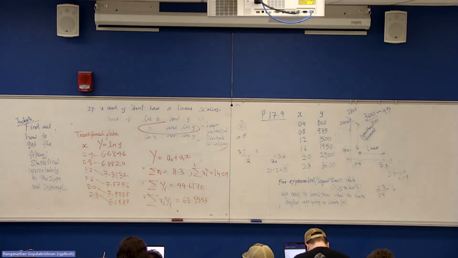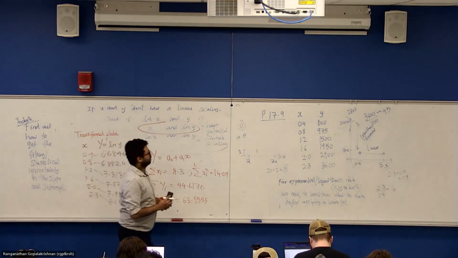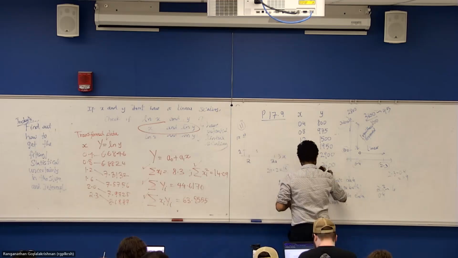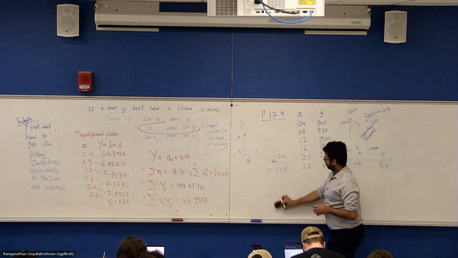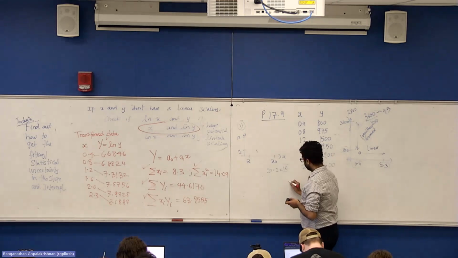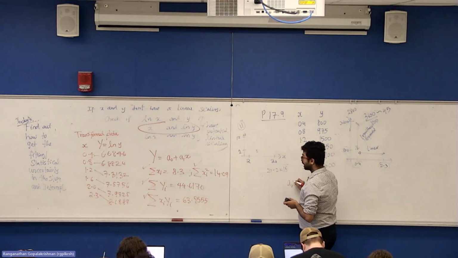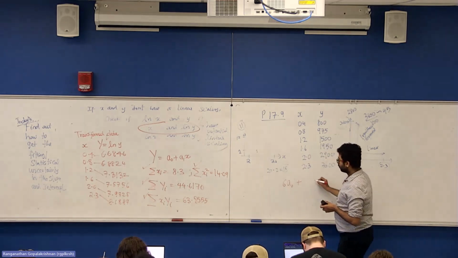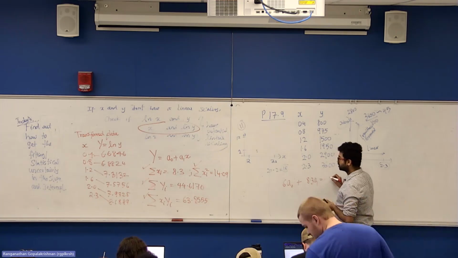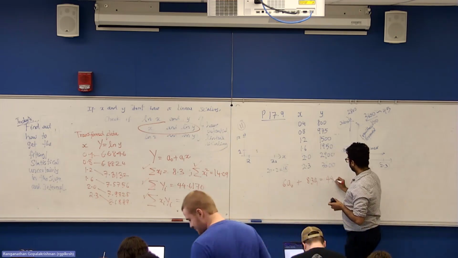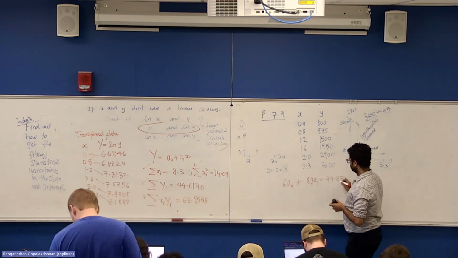So now can we solve for A0 and A1? A0 times n, being 6, plus sigma xi A1, 8.3 A1, equal to sigma yi, 44.6170.